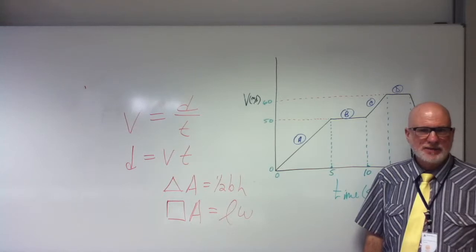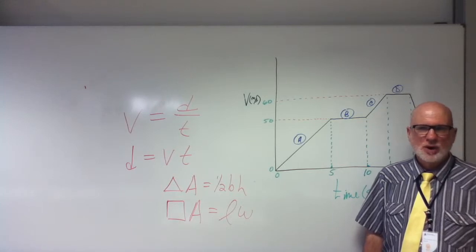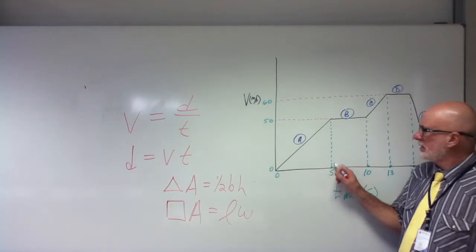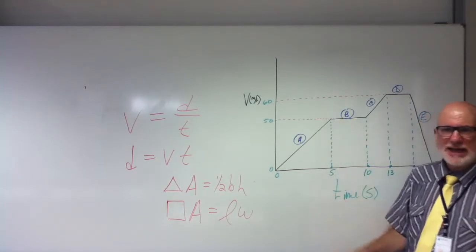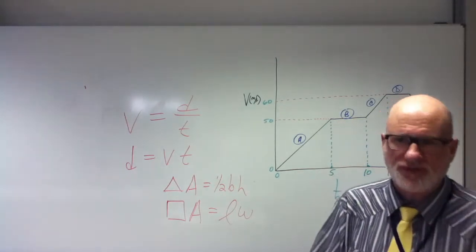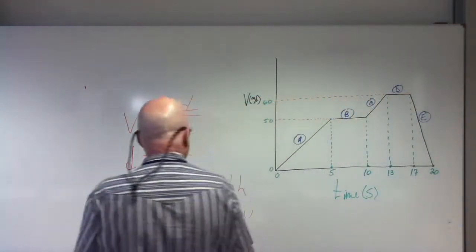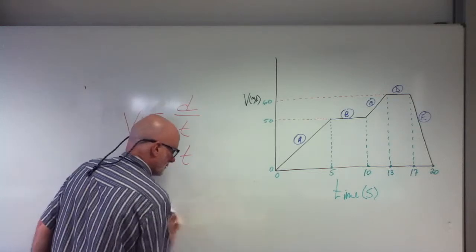I need the number. 1/2 of 5 times 50 would be what? 125. Okay, can I erase this?